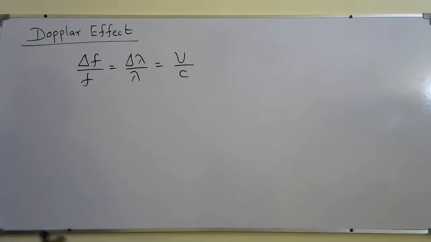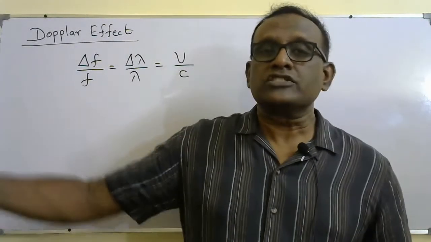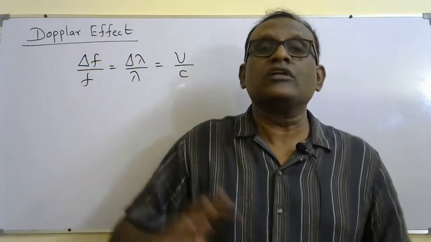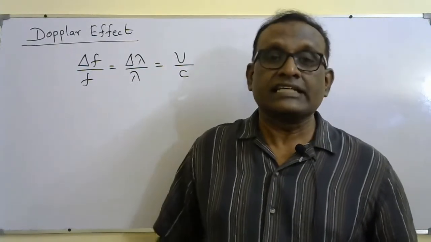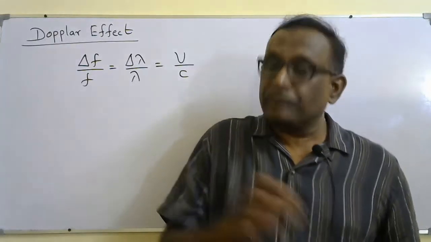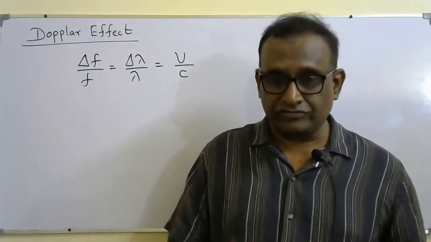Delta F means, whenever the wave source moves towards you or moves away from you, the frequency that you measure will be different compared to the actual frequency.